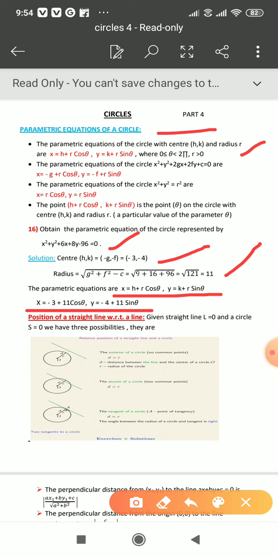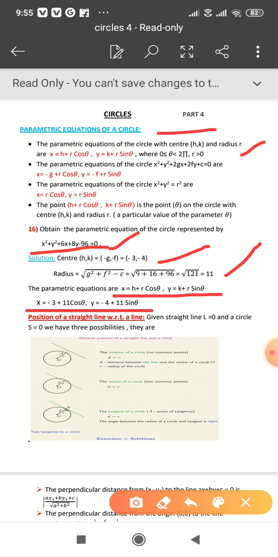You observe, when we say a point is on the circle, suppose the point is (x1, y1), if S11 is equal to 0, the point is on the circle. So that means you substitute the point here. (8, minus 4) is our point. Substitute (8, minus 4) in our given equation, the LHS: x square plus y square plus 6x plus 8y minus 96. Here x is equal to 8, y is equal to minus 4.